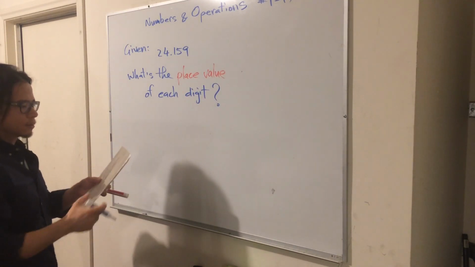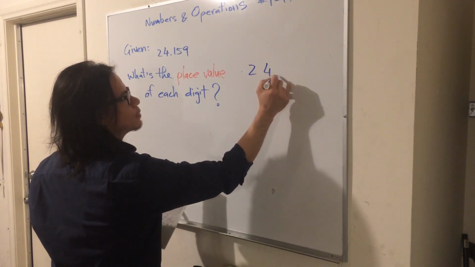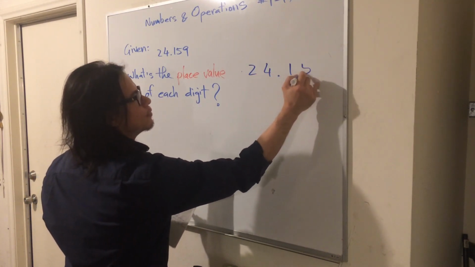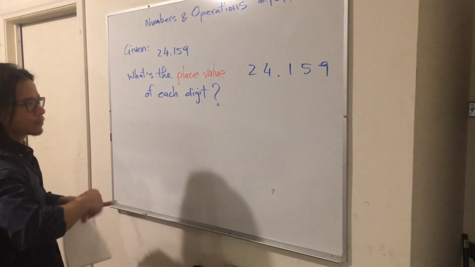Okay, so let's break this down. Write it out, 24.159. Okay, let's label this.